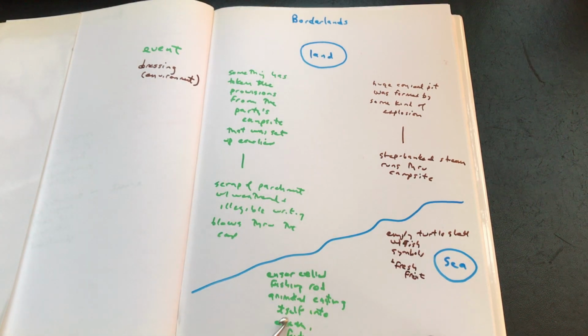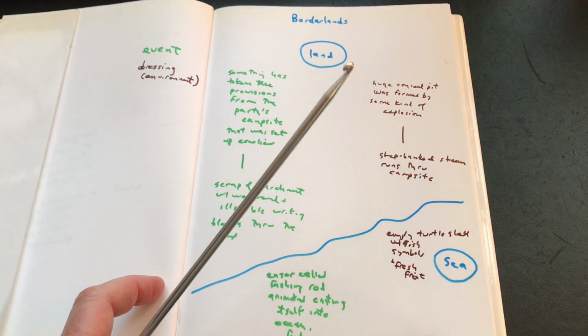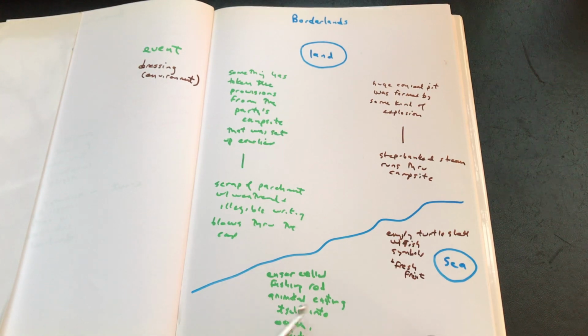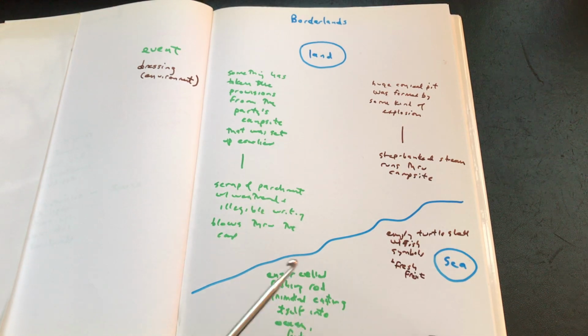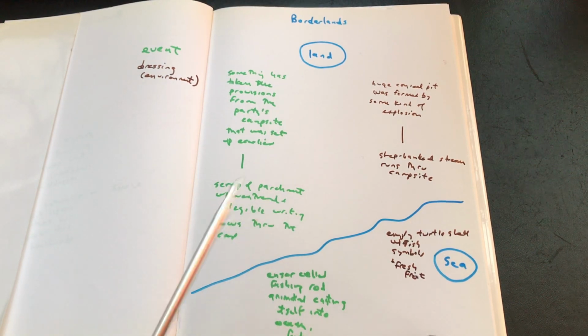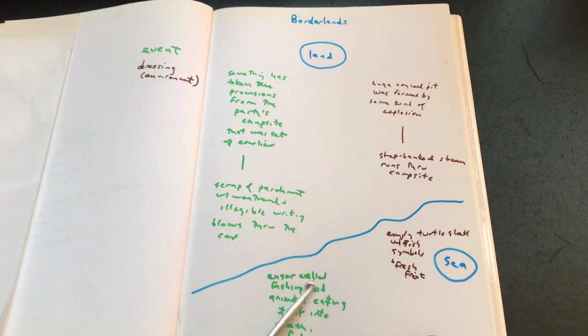When we got down to the sea, we found that there was this ensorcelled fishing rod, this animated rod that was continually casting itself into the ocean, and next to it was this large pile of fish bones. Now, this could suggest either that this has been going on for time immemorial almost, or it could suggest perhaps that somebody's actually doing this fishing, and when the fish come up, they're eating the fish and they're disposing of the bones in a neat pile.